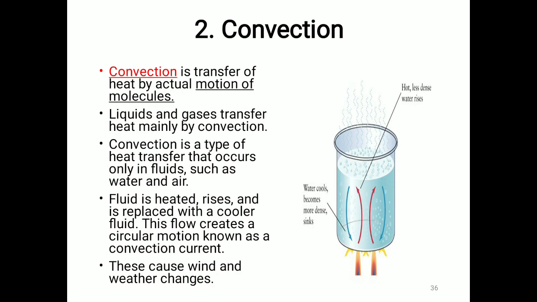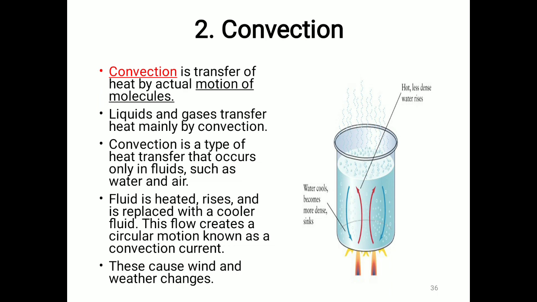Next, convection. Convection is the transfer of heat by actual motion of molecules. Liquids and gases transfer heat mainly by convection. Convection is a type of heat transfer that occurs only in fluids such as water or air.